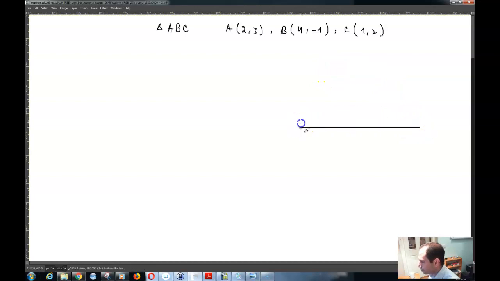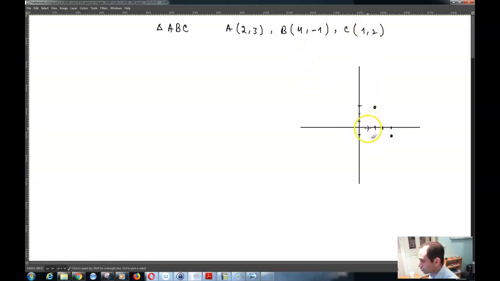So if you plot this triangle over here in an XY plane, you will get (2, 3), which is this point over here. (4, -1) is 1, 2, 3, 4, -1, this point over here.